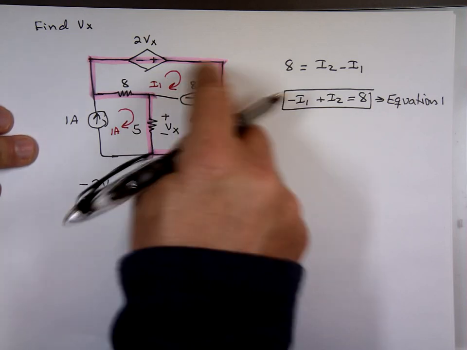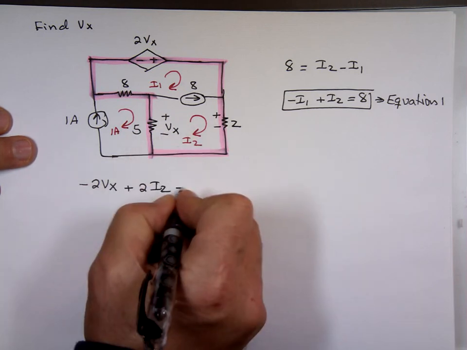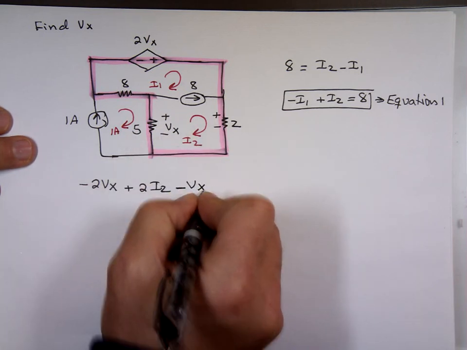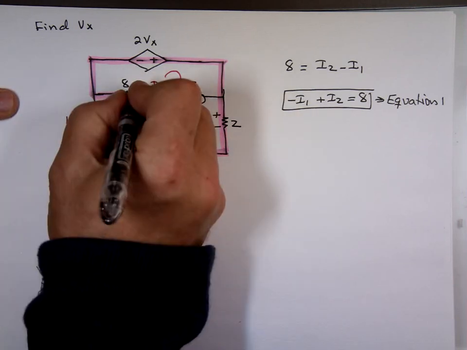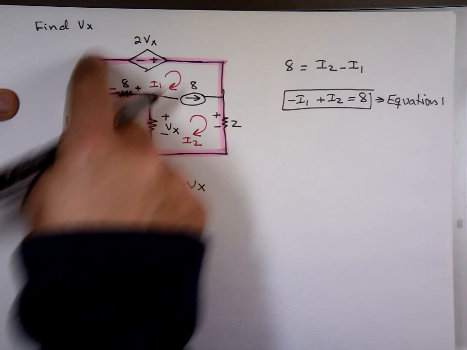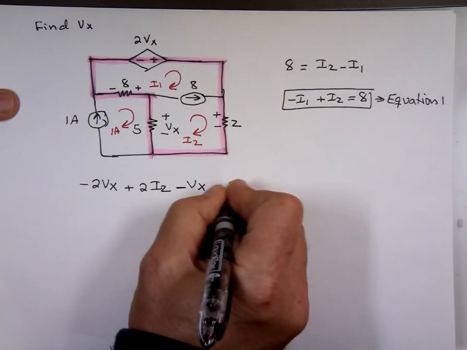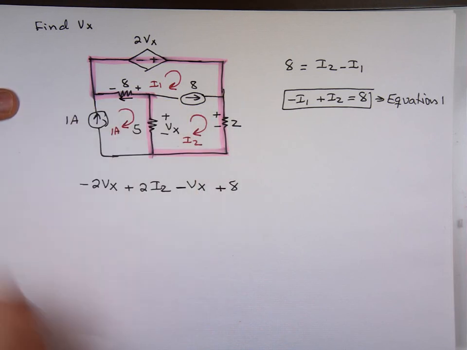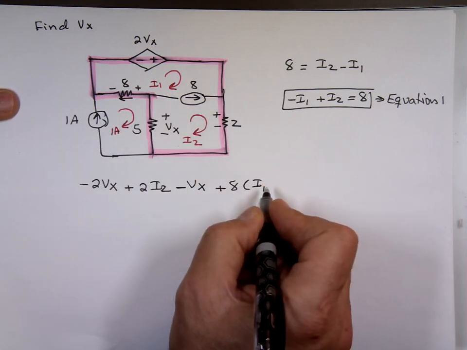Let's continue. Oh, I'm entering the minus here. Minus Vx. Keep going. I'm coming to the left, plus to minus, because I'm traveling this way. This will be 8 times, what is the current going this direction? I sub 1. Keep going. Minus 1. Minus the 1.